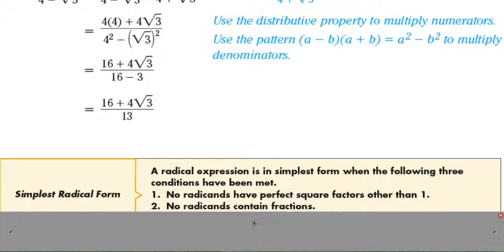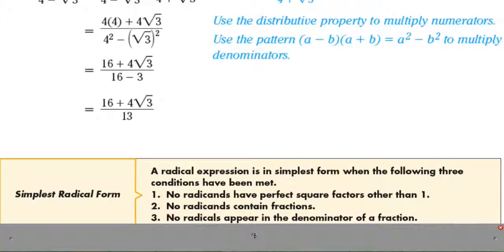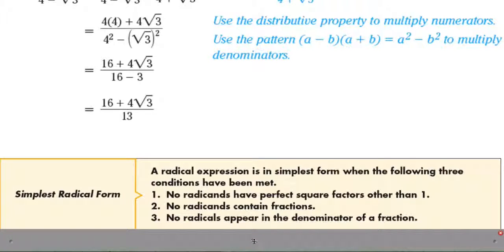Second, no radicals contain fractions. And finally, third, no radicals appear in the denominator of the fraction. So with these three, okay, if these three conditions are met, okay, your radical expression is in simplest form. No radicals have perfect square factors other than 1, no radicals contain fractions, and no radicals appear in the denominator of the fraction.